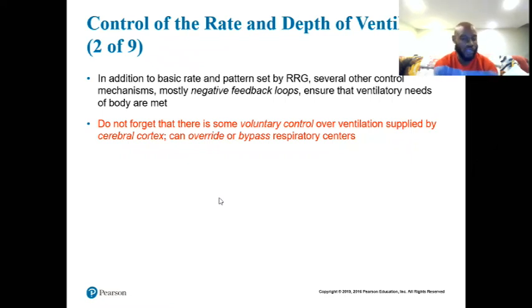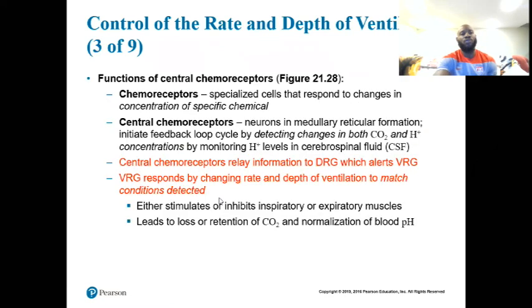So without conscious thought, I will normally breathe, but I can also voluntarily hold my breath or force myself to breathe. I can do that, so my voluntary control can override my medulla oblongata, which will be my cerebral cortex, my voluntary control.